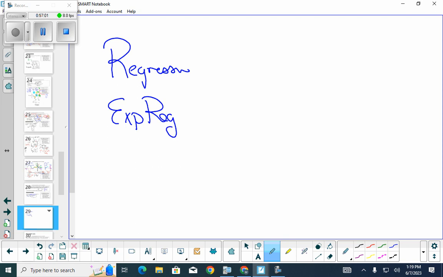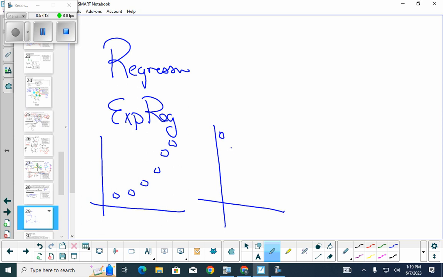if you're asked to do an exponential regression, the points that you get will either look like that or like that. Like they'll either swoop up or swoop down.